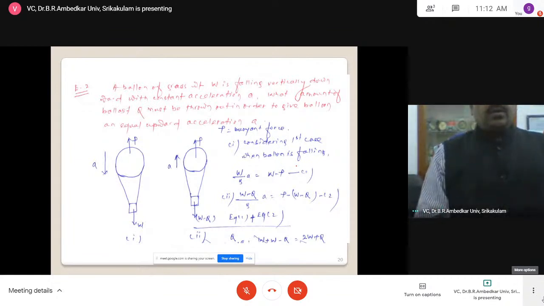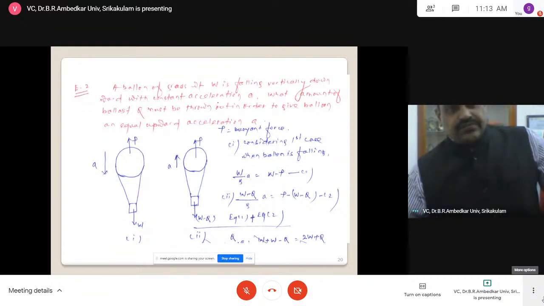A balloon of gross weight W is falling vertically downward with constant acceleration A. What amount of ballast load Q must be thrown out in order to give the balloon an equal upward acceleration.